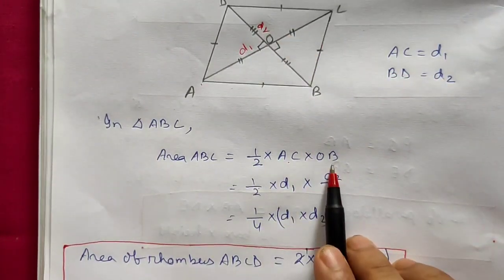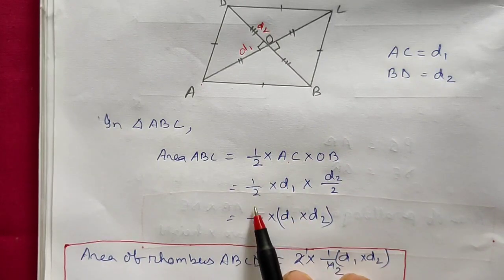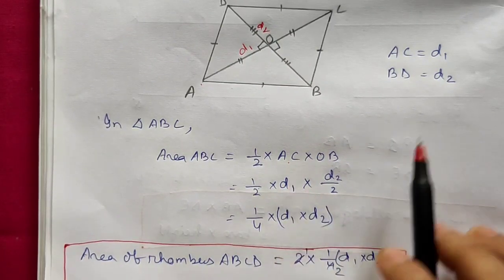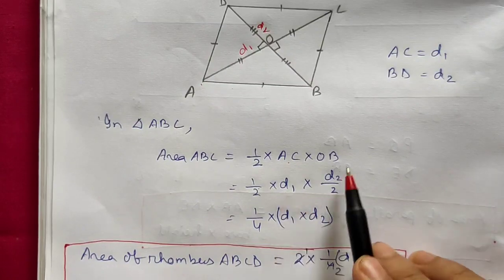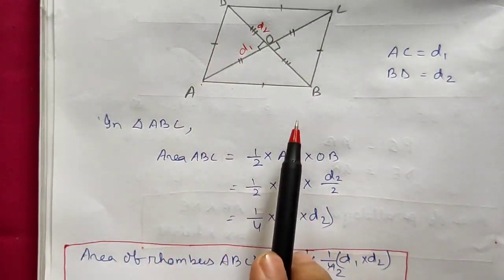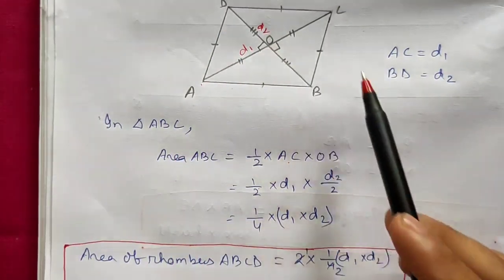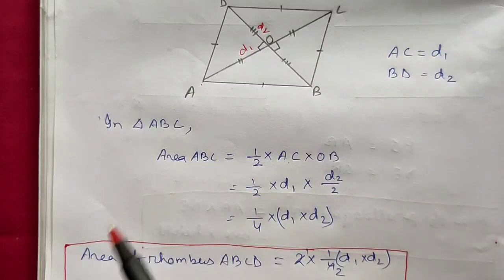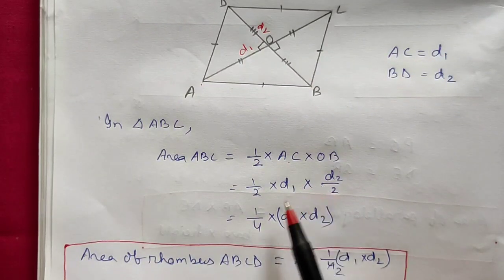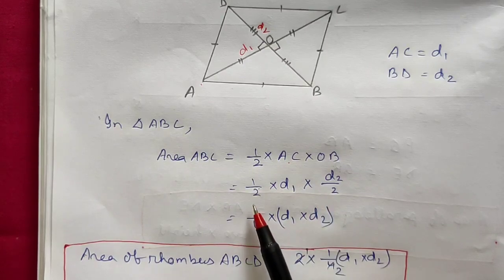So half into base into altitude: AC is D1, and OB is half of D2, right? If BD is D2 and O is the midpoint, OB will be half of D2, so D2 by 2. Now multiplying the denominators, 2 into 2 is 4, so it is 1 by 4 into D1 and D2.